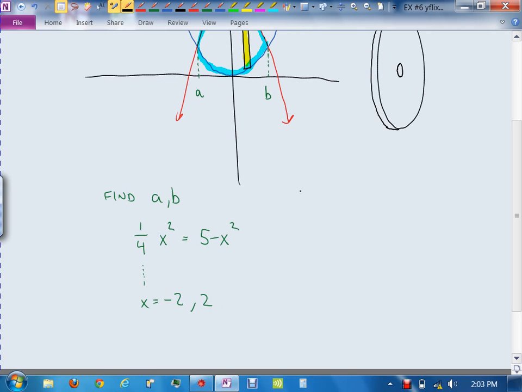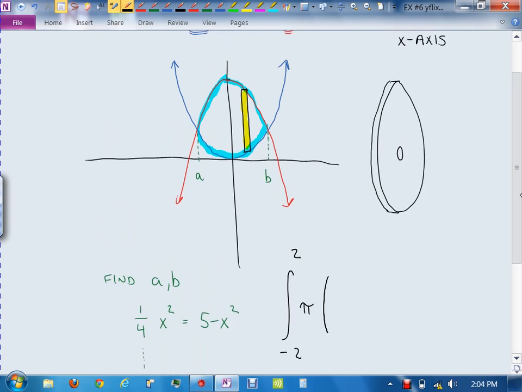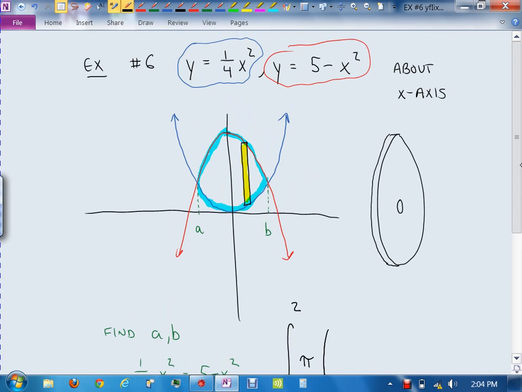So my integral becomes the integral from -2 to +2 of pi times the first function squared. What's the first function? It's going to be the one on top. So which one's on top? It's the red one, right?